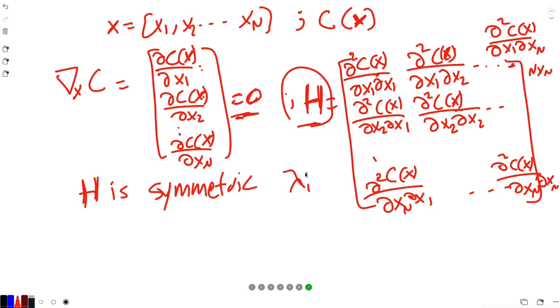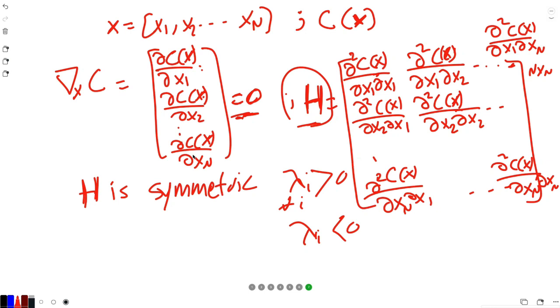So if lambda i for H, for all i, is greater than 0, then we know that the point is a minimum point. If lambda i for all i is negative, then we know that this critical point is a maximum for every partial parameter.